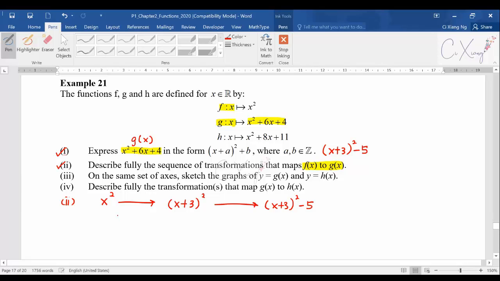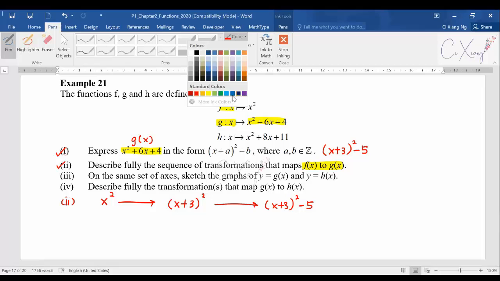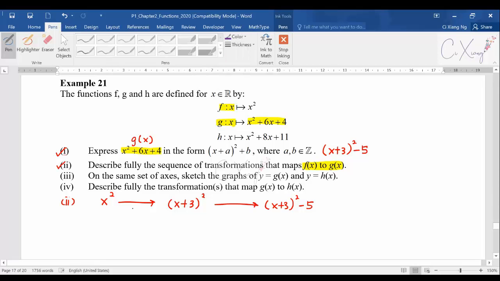So what's the translation here from x squared to (x plus 3) squared? You translate 3 units to the left or right? To the left, right? And then from here, when you want to go to this part, you will translate it again 5 units down.